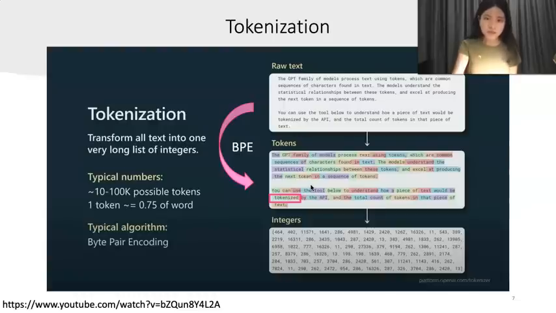But before we really get into the integers, let me just walk through the steps. You have your raw text, for example, this paragraph or this short sequence of text, and you tokenize your raw text into tokens. For example, we know that in English we have words and characters, and we have this space in between words.